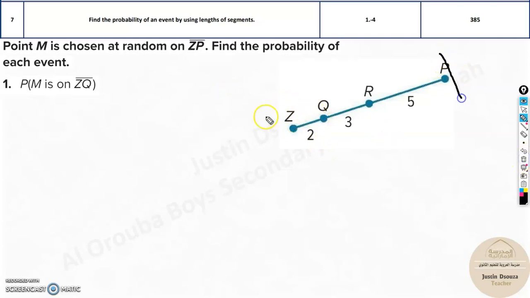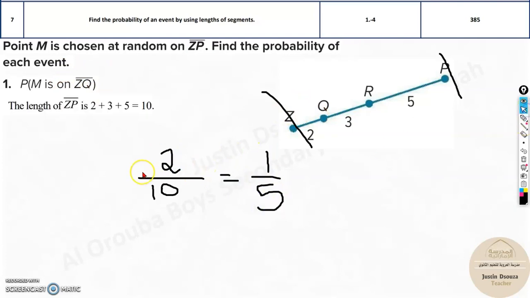But the total possibility is only the Z and P line, right? So what is the total distance over here? The distance over here is basically 2 plus 3, 5 plus 5, 10. What is the distance of the given favorable line, ZQ? It's only 2. So this is the probability, 1 by 5 or 20%. That's it. So over here, you need to find the total length, that is 10, and the length that is in consideration, 2.